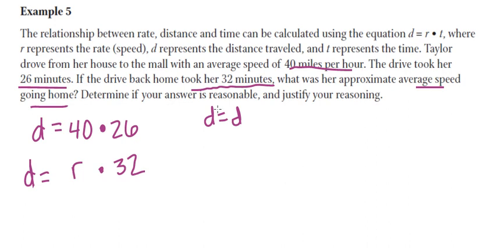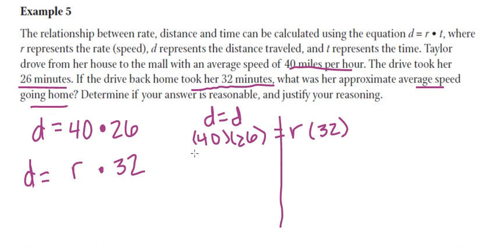If D is equal to D, well, that tells me that 40 times 26, because that's one of my equations for D, is going to be equal to R multiplied by 32, because that's my other equation for D. And I know those are referring to the exact same distance.